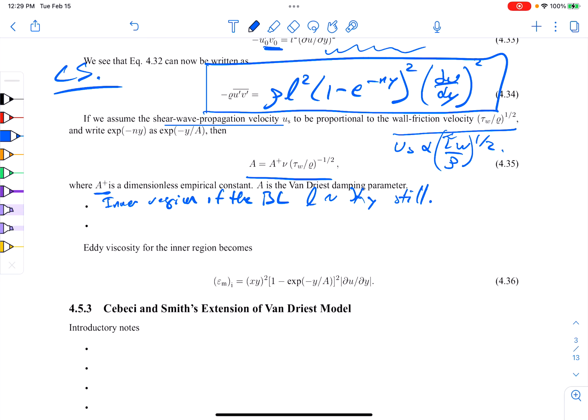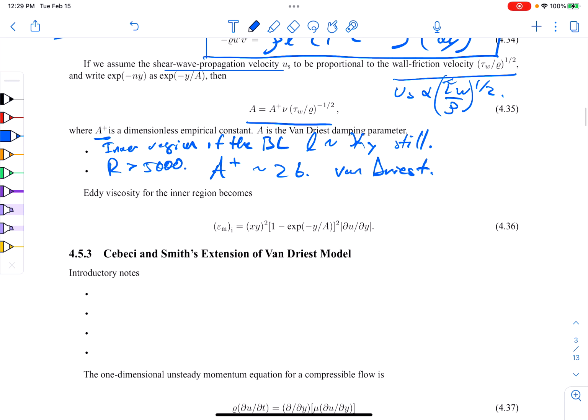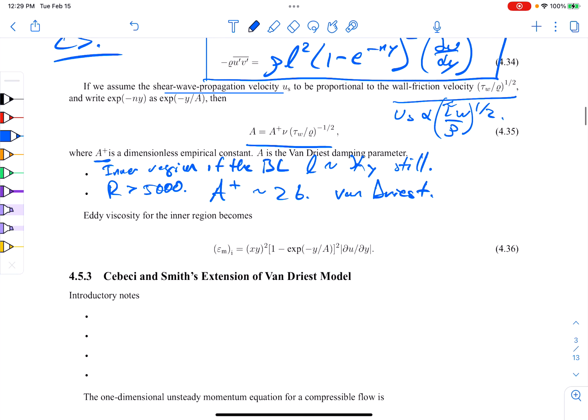And if we set kappa to 0.4 like von Karman did, and compare these models with experimental data at high Reynolds number, which is pretty small, then A plus in this equation is about 26, according to Van Driest. But that doesn't totally work for pressure gradient. But by using this model, we're going to try and incorporate that still.